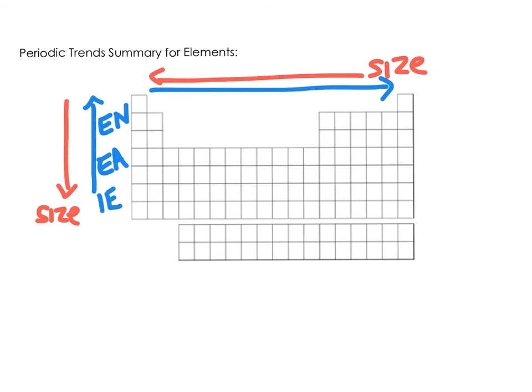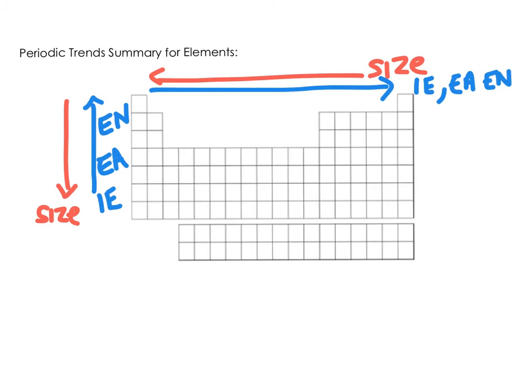And moving left to right, opposite from the increasing size, the ionization energy, electron affinity, and electronegativity all increase. So the smaller you are, doesn't matter what type of element, the greater the ionization energy, electron affinity, and electronegativity. So this is how size affects the other properties, the other factors.